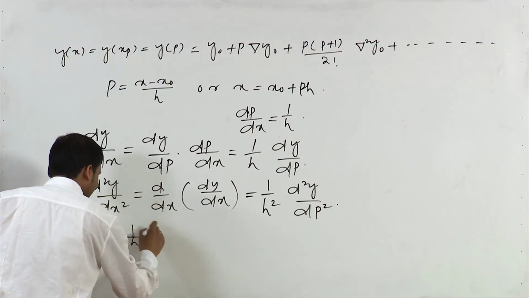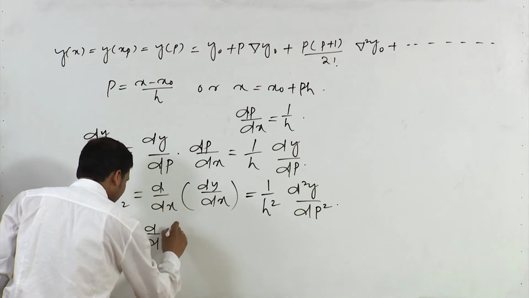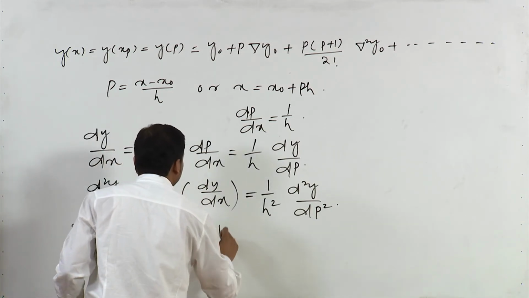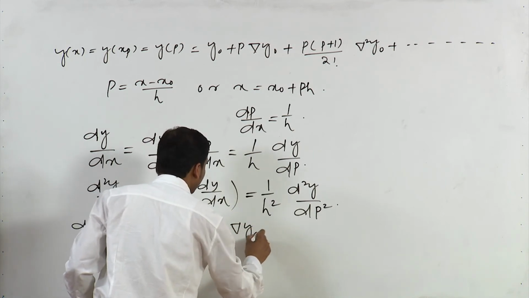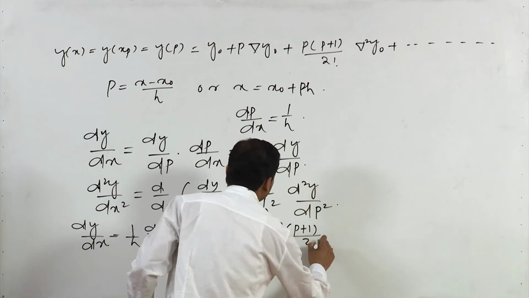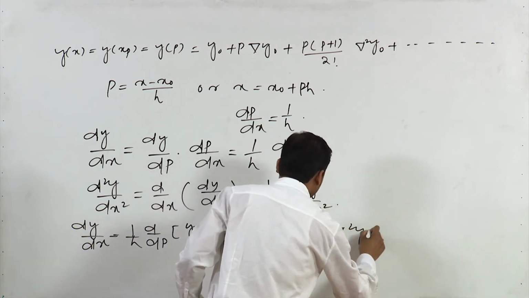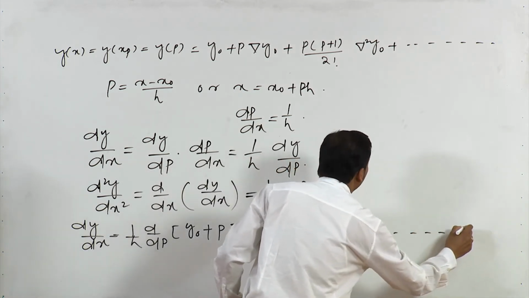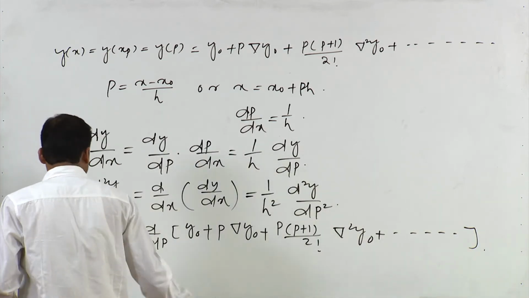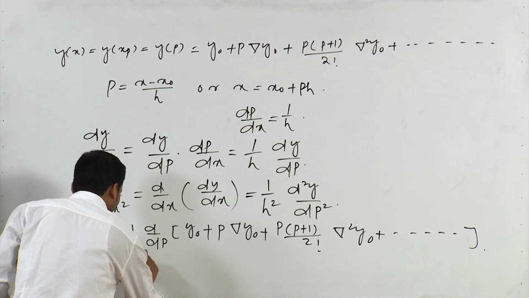1 by h d by dp of the complete formulation, that is y0 plus p nabla of y0 plus p into p plus 1 by factorial 2 nabla square y0 plus all other terms. And if you differentiate this, we get 1 by h.